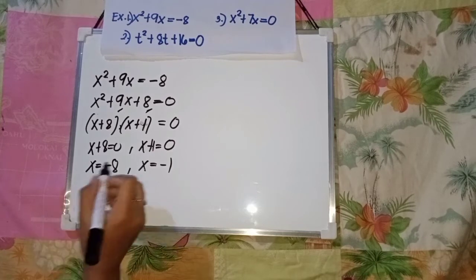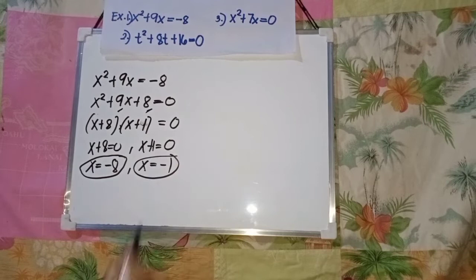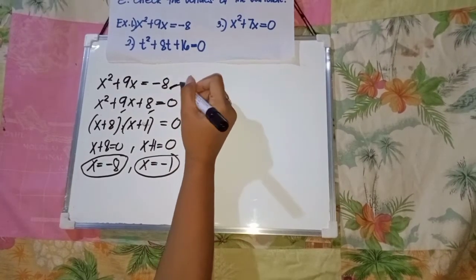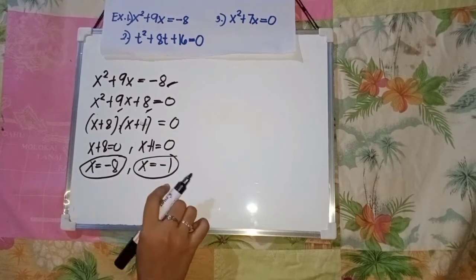So now, we have here the two values of x, negative 8 and negative 1. To know if we get the right value, all we have to do is to go back to this form and substitute the variable with these two values.